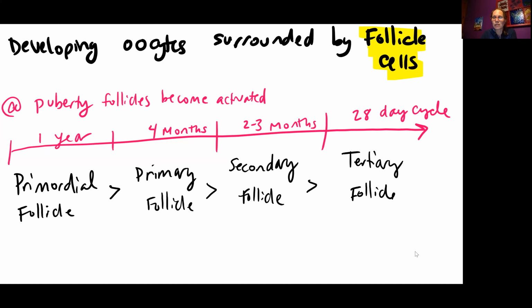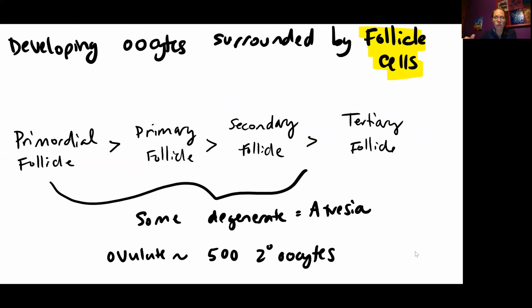Now I think about this as an assembly line. So you start to trigger some of those primordial follicles to become maturing and changing. And that can take about a year. And then once it's a primary follicle, it can take about 4 months to become a secondary follicle. Then it's another 2 to 3 months before it becomes that tertiary follicle. Along the way, some of these follicles are going to degenerate.